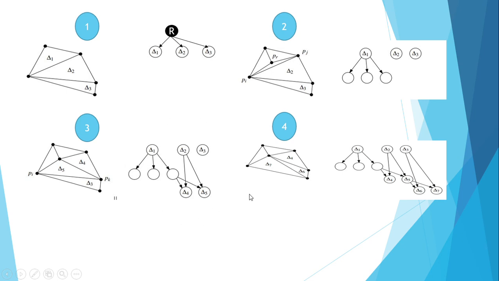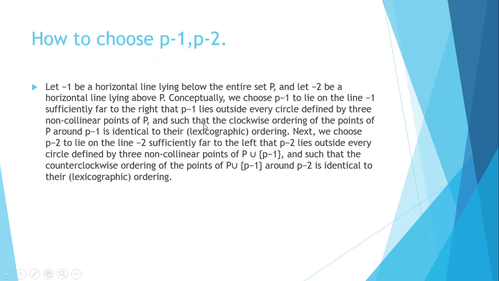Again we look for the illegal edge, and we find that delta 5 is split into delta 6 and delta 7. So delta 3 is not altered, but combines with delta 5 and is converted into delta 6 and delta 7. You can understand this if you take a pass and look at all the images.